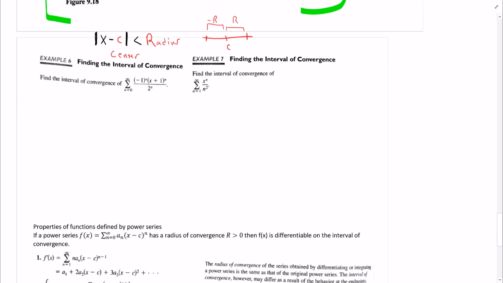Let's do example 6. Again, we're going to use the ratio test to see if it converges, right? So we're going to take the limit as n goes to infinity of the absolute value of -1 to the n plus 1 times x plus 1 to the n divided by n plus 1 divided by 2 to the n plus 1.